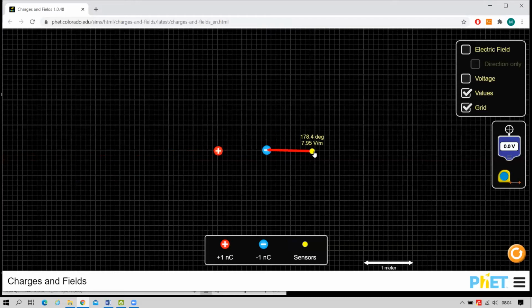Well, the direction doesn't change. Direction is always pointing to the left over here. Similarly, over here, direction is again to the left. Direction does not change as you move the sensor along the x-axis.